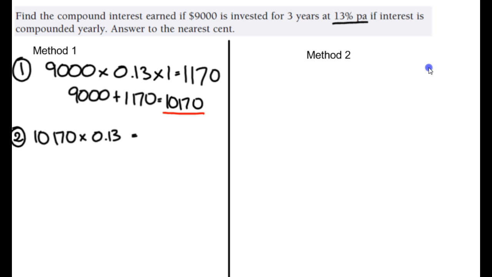So I'm increasing this by 13% every time. So after the second year, in the second year I make $1,322 interest, and again I have to add that.